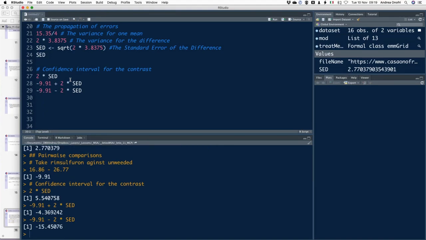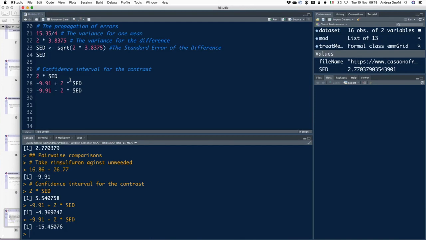So we see that the real population difference should be, with 95% probability, included within the interval which goes from minus 15 to minus 4. So we see that with very high probability, the difference is strictly negative, and it is non-zero.